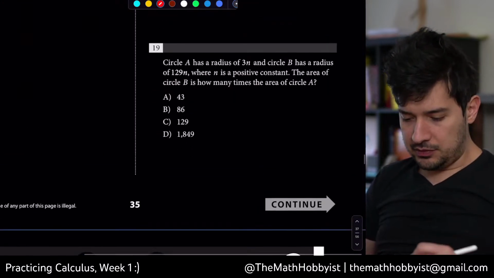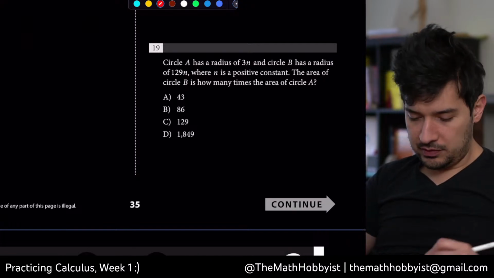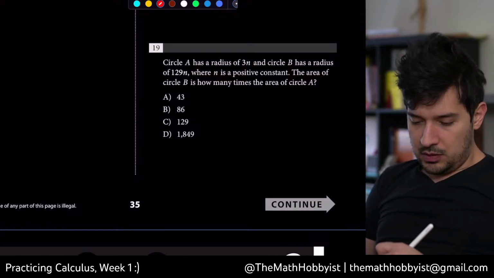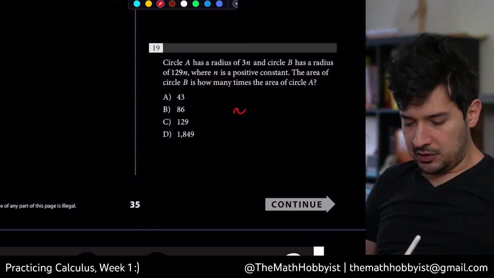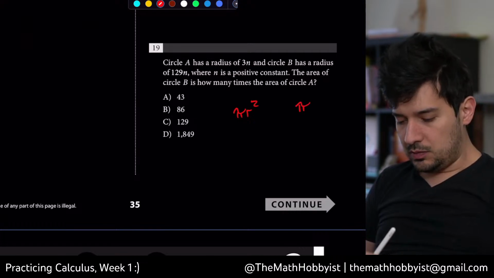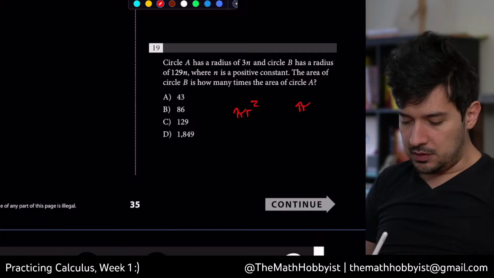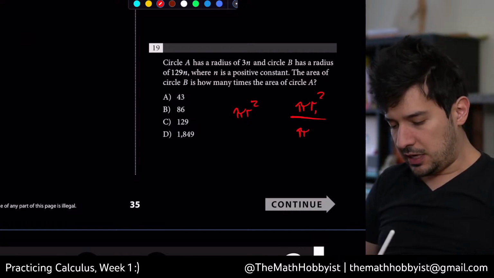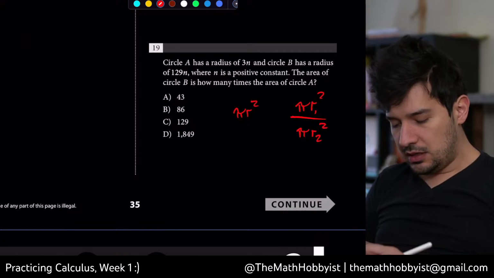Circle A, radius 3n, circle B, radius of that. Okay, so area of the circle is pi r squared, right? So we're finding the ratio of these two, pi r1 squared divided by pi r2 squared.